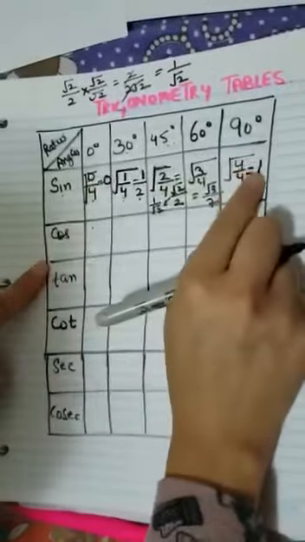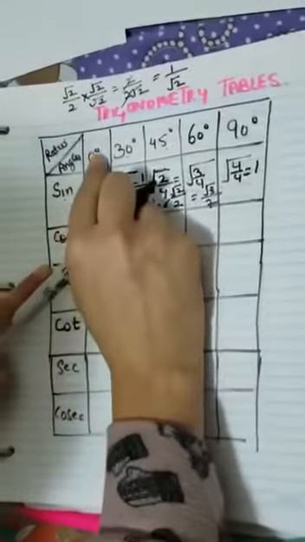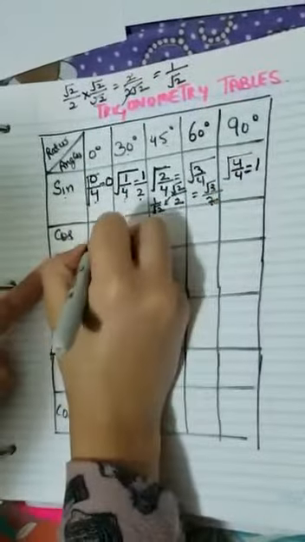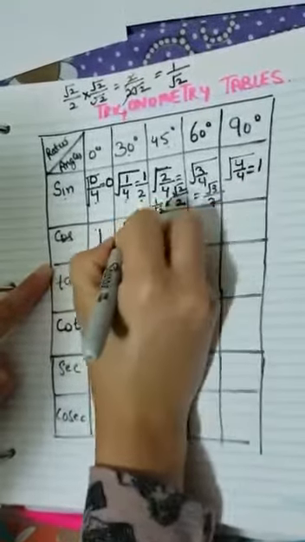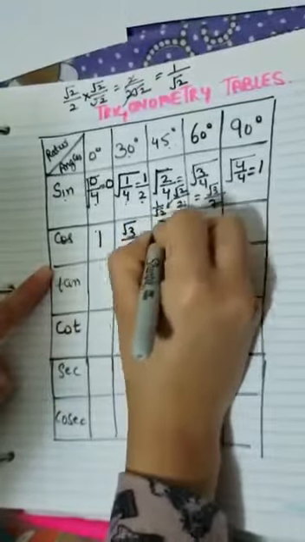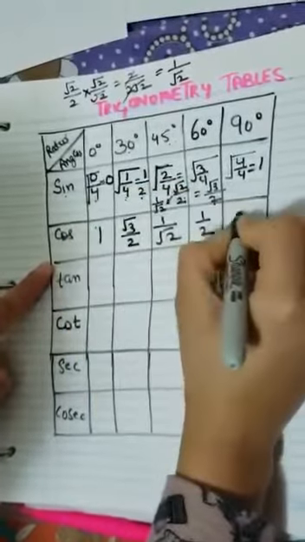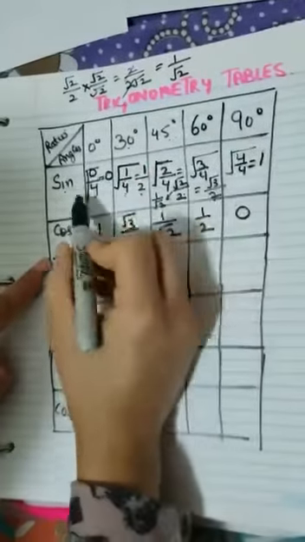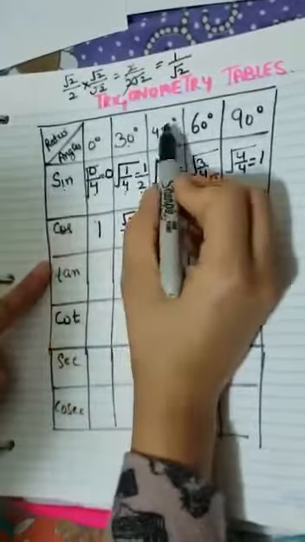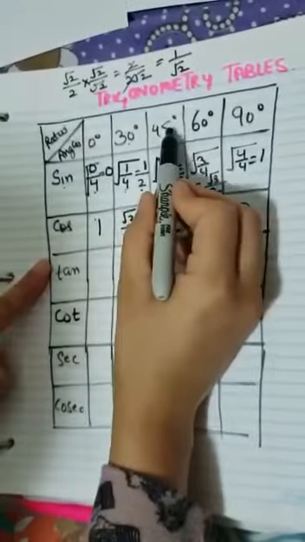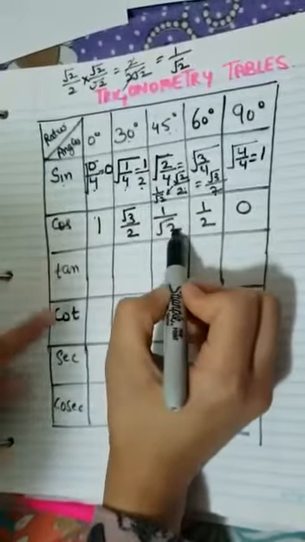For cos, starting from this value, cos 0 degree is 1, then under root 3 by 2, 1 by under root 2, 1 by 2 and 0. The values of both sine 45 degree and cos 45 degree are the same, that is 1 by under root 2.